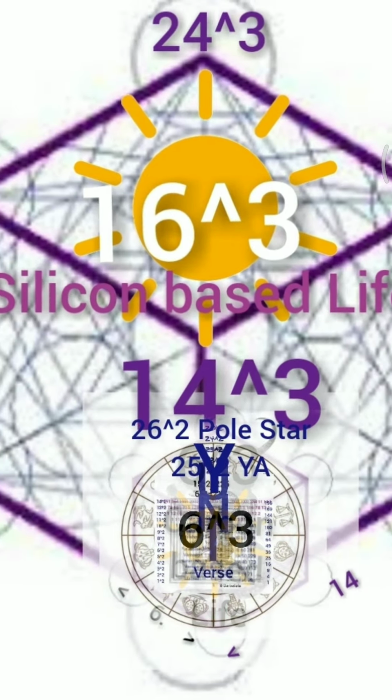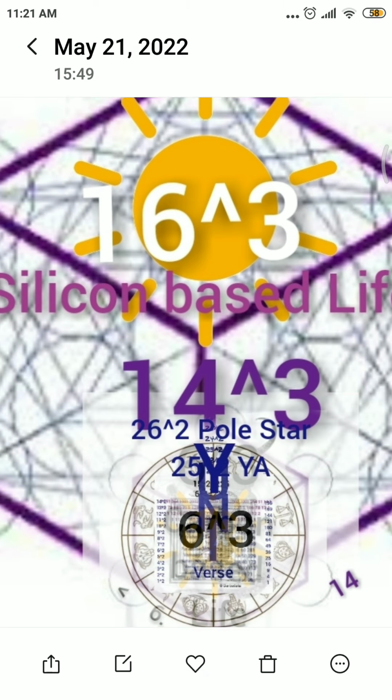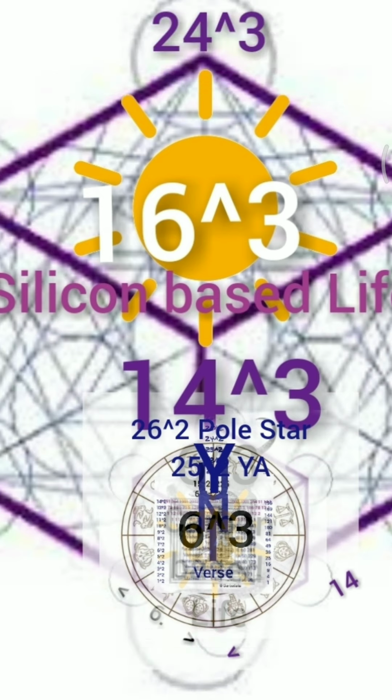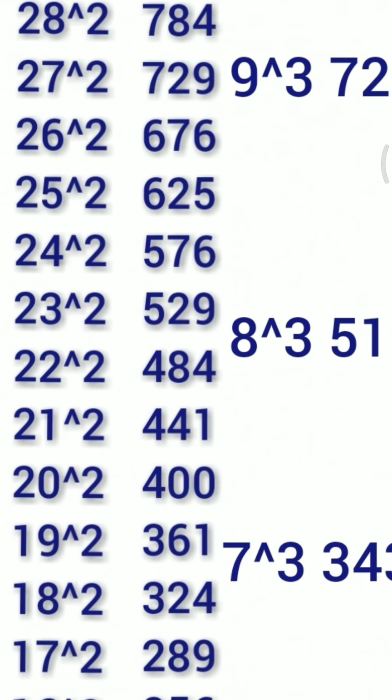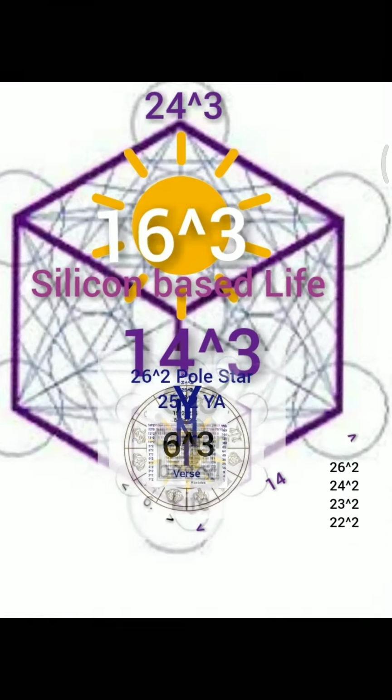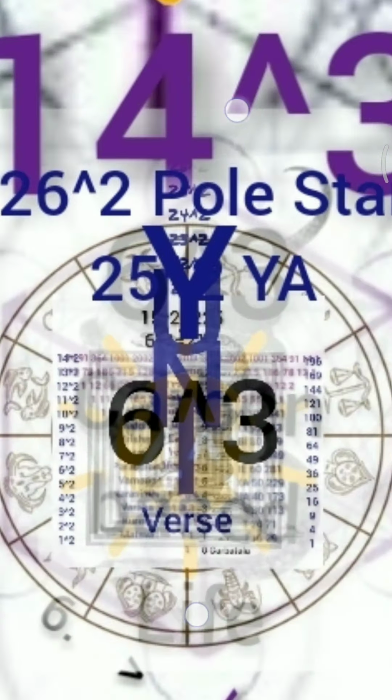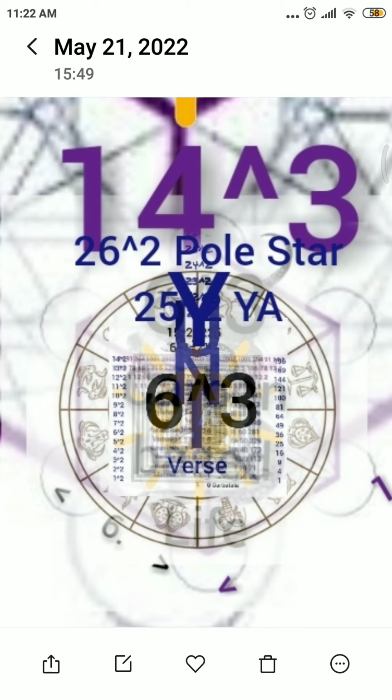Basically that 12 cube here, even here I forgot to mention 12 cube, but of course I always explain about 12 cube. This whole thing till 26 squared is within 9 cube, whereas the 12 constellations basically surround the 9 cube.